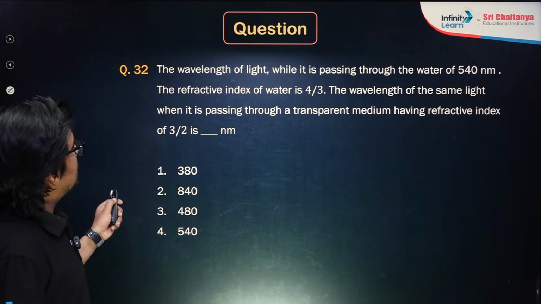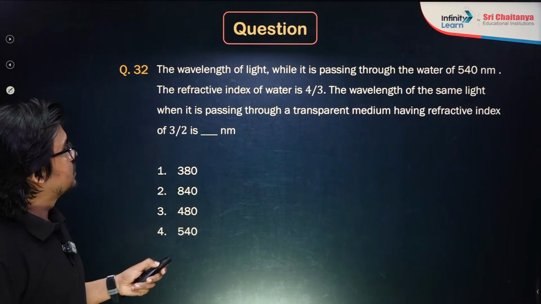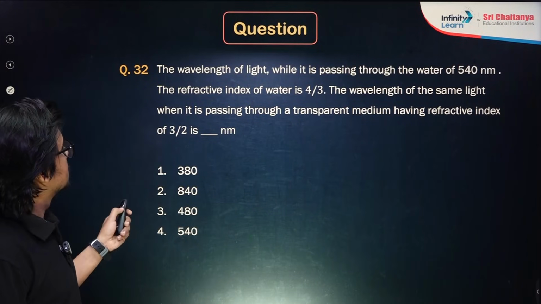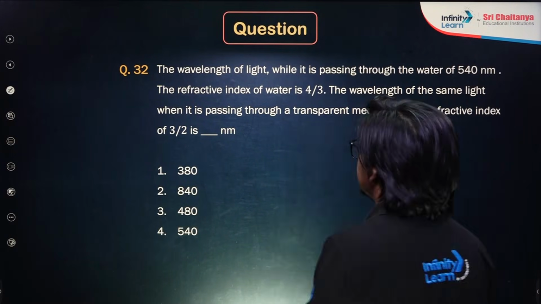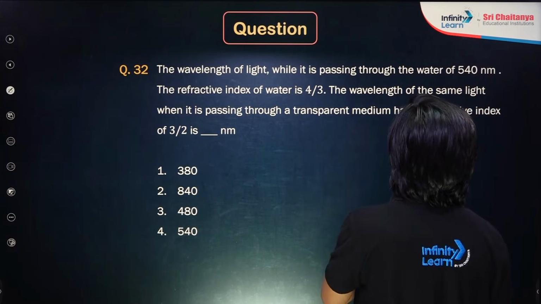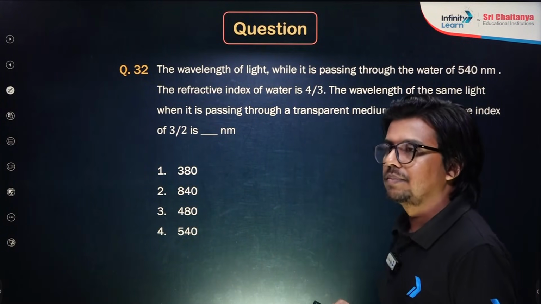Now the next question: the wavelength of light while it is passing through water is 540 nanometer, and the refractive index of water is 4 by 3. The wavelength of the same light when it is passing through a transparent medium having refractive index of 3/2 is?